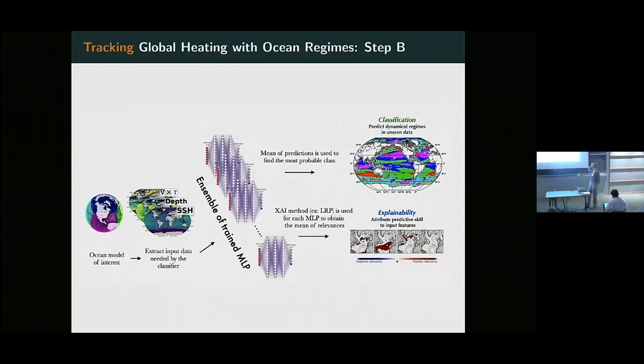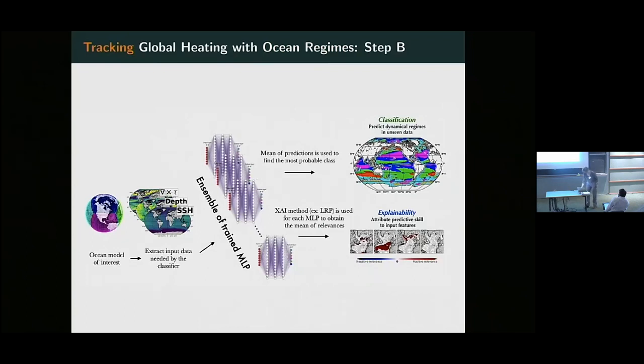Also, very importantly, the fact that we used a pretty simple architecture here allowed us to go through this explainability step. I mentioned that step A was interpretable, and step B, because we designed it to be so, is explainable.